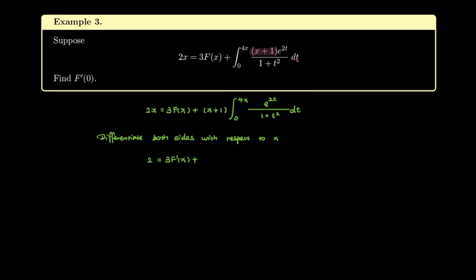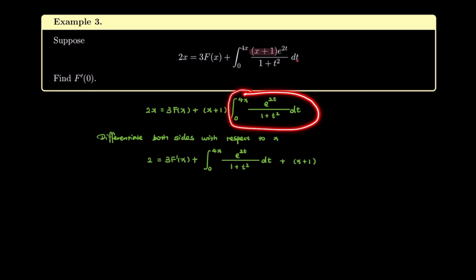That means you are differentiating a product of two functions, so we need to use the product rule. That's going to be 1 times the integral from 0 to 2x of e^(2t)/(1 + t²) dt, plus (x + 1) times the derivative of this part.